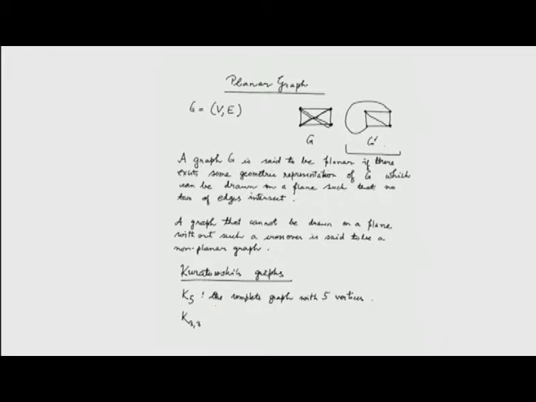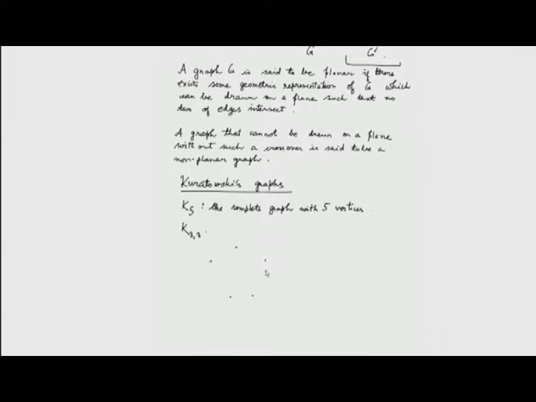So, the complete graph with 5 vertices looks like this. We have got 5 vertices, V1, V2, V3, V4, V5.